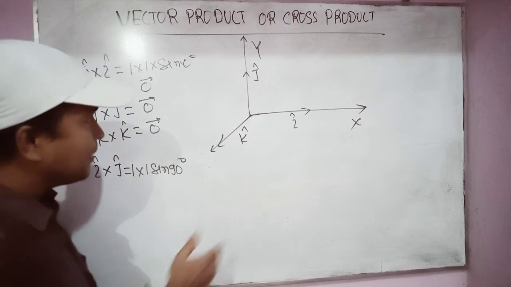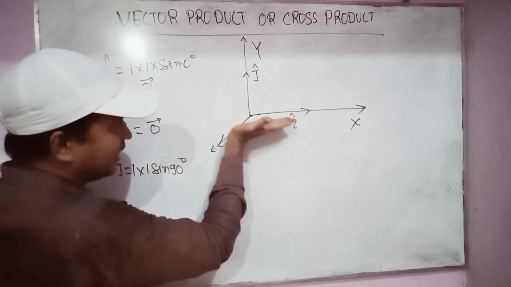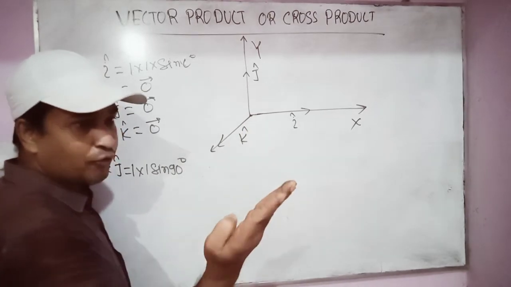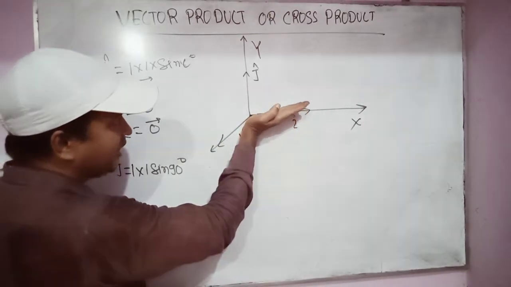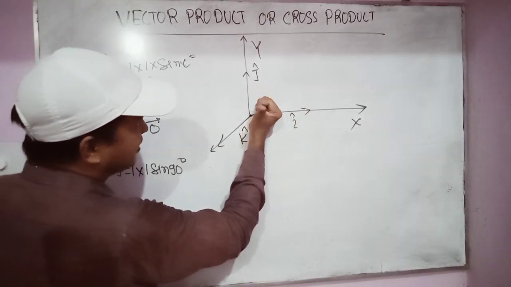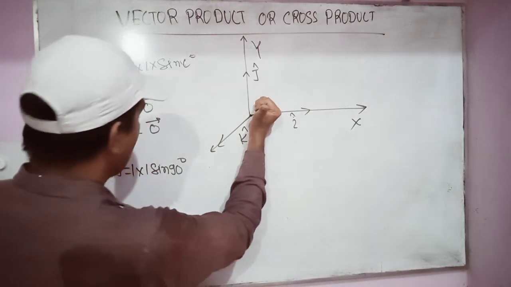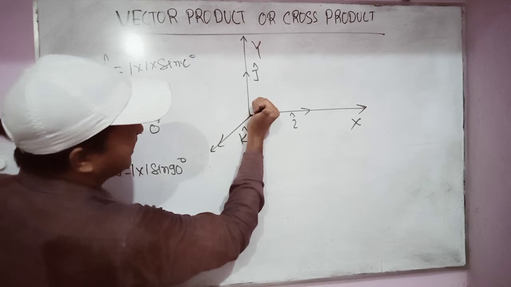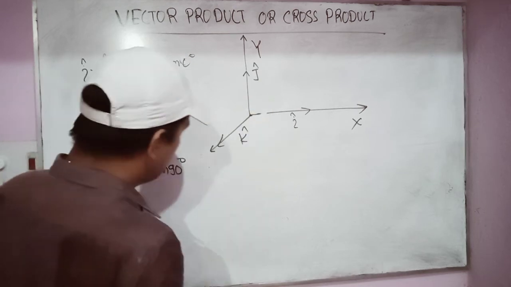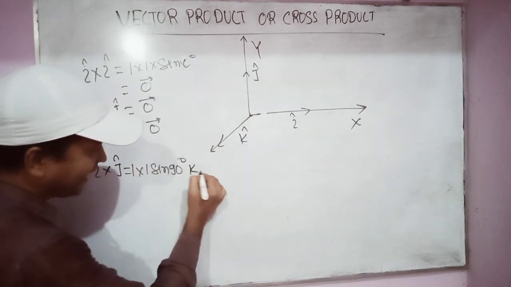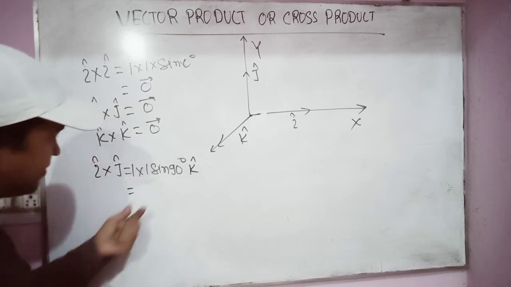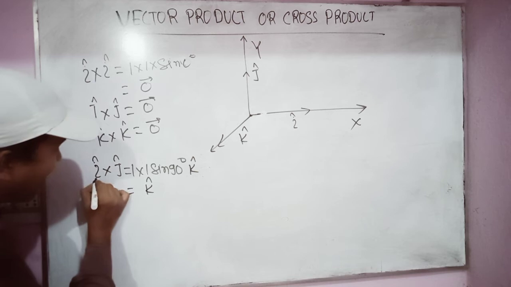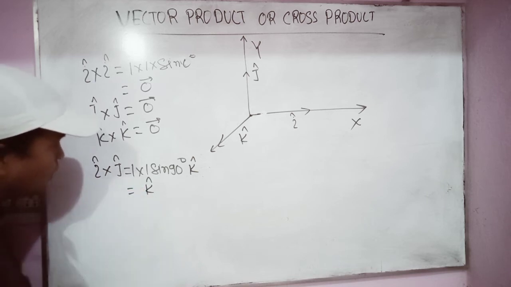So i cap is along the x direction, and I will place all four fingers along the x axis and curl them along the y axis. Then the thumb gives the direction of i cross j. This is along the z axis, positive z axis. So to denote the direction, we write k cap. And since sin 90 has value 1, this is k cap. So vector i cap cross j cap is equal to k cap.